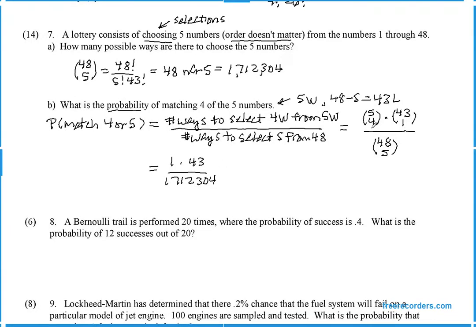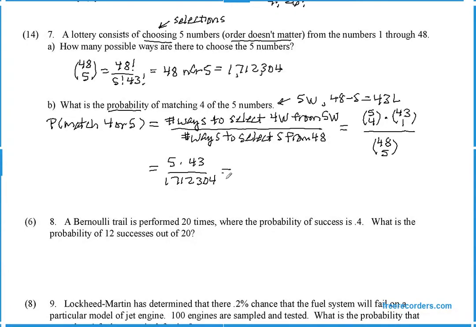So, no, I'm sorry, this is not 1. It's 5 actually. I'm sorry. There's 5 ways to choose 4 numbers from 5, because if you choose 4 winners, then there will be 1 loser. And there's 5 different numbers that could be losers, so that's this 5. And here, the number of ways to choose 1 from 43, well, you choose one of the 43 different choices. That's this 43.